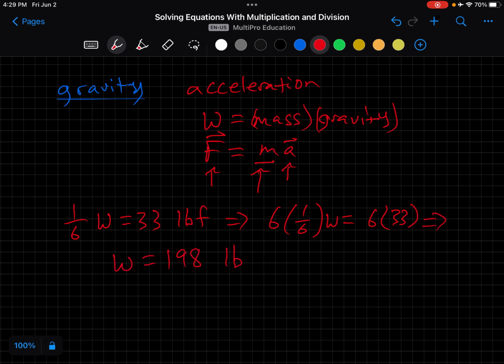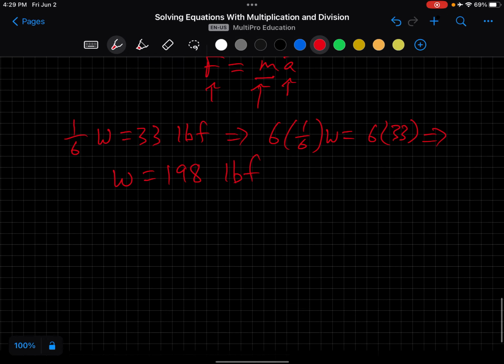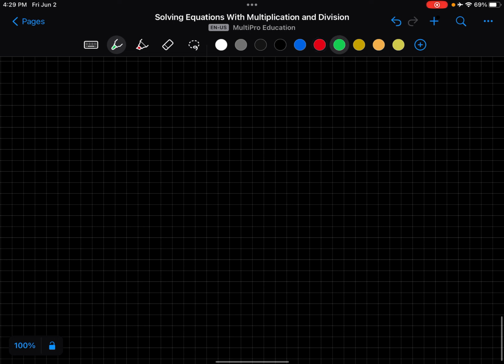We find that W is equal to 198 pound force. Okay, so it's a greater force here on Earth than it is on the moon, because the Earth sucks more than the moon. It has a larger gravity, a larger acceleration towards the center of the Earth or moon.